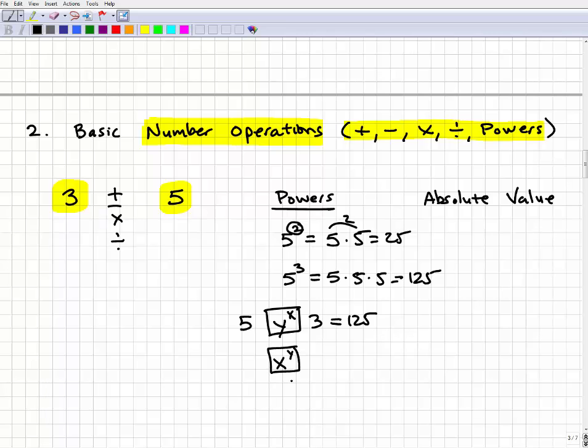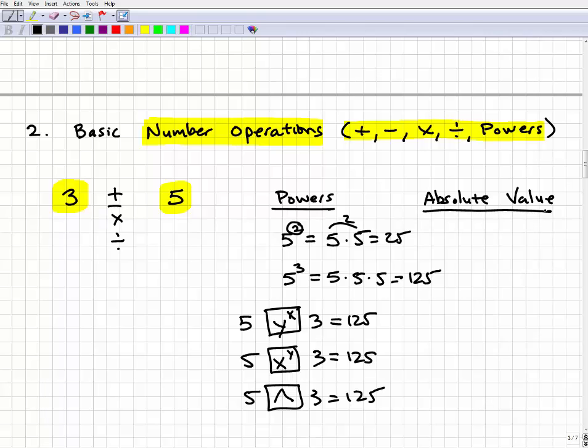And probably the most common key is what we call a caret, an upside down V. It looks like this. If you put 5, 3 in any of these examples and you get 125, you'll know that you have the right key. Just like with the square root, make sure you identify which key you're using on your calculator for this particular function, because in basic math there are a lot of powers.